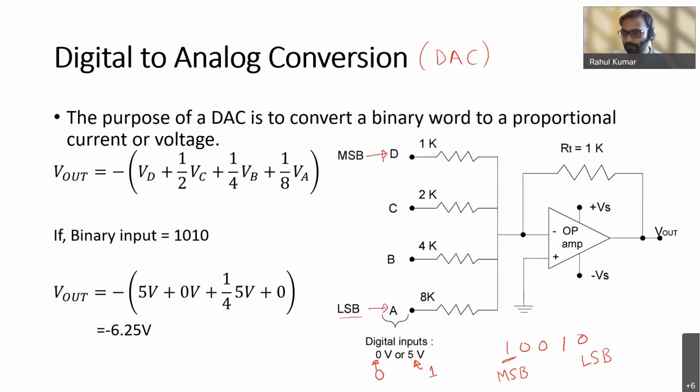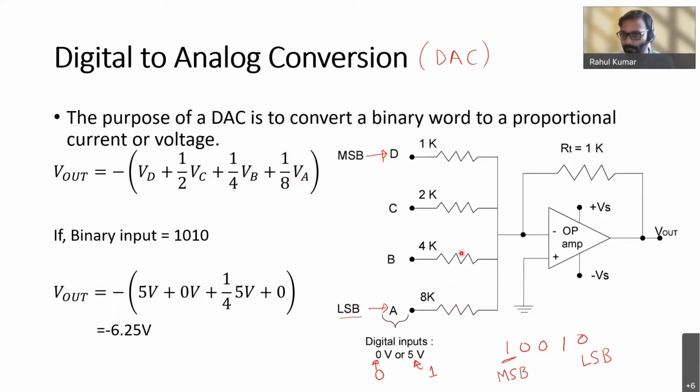Okay. Then you have some resistors which are connected. You have these resistors of different values, 1 kilo ohm, 2 kilo ohm, 4 kilo ohm and 8 kilo ohm. So these resistors are going to attenuate your input voltage, right? The voltage at the A input will be attenuated by 1 divided by 8. So that resistor will reduce the voltage.